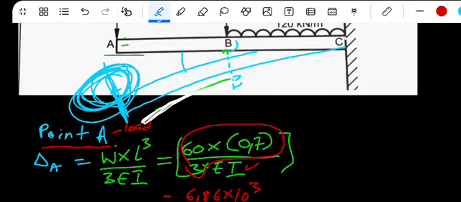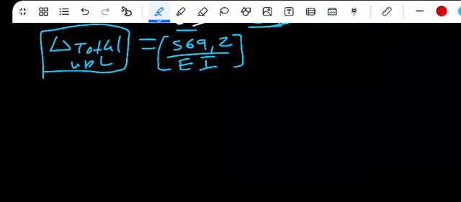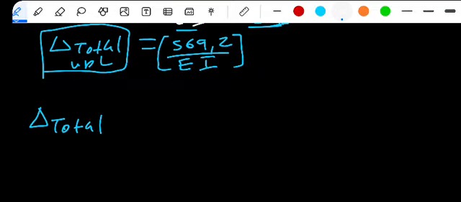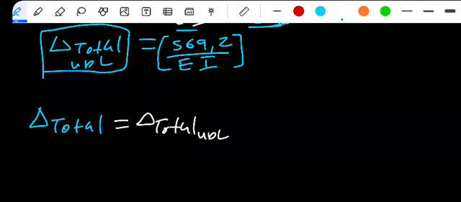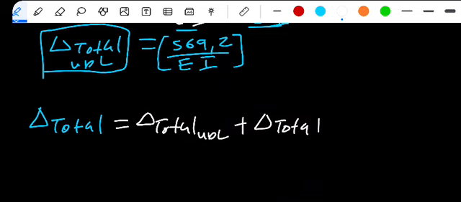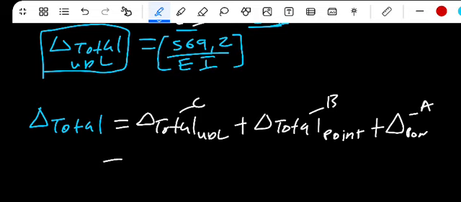So the total deflection equals the total deflection due to the UDL, plus the total deflection due to the point load at B, plus the total deflection due to the point at the free end A, at points B, C with UDL. Then we add all of these.